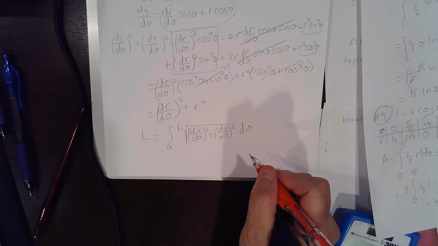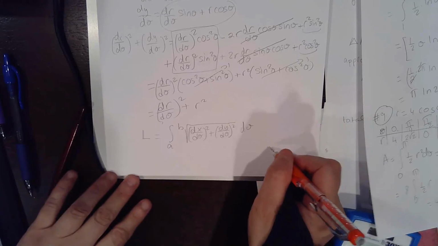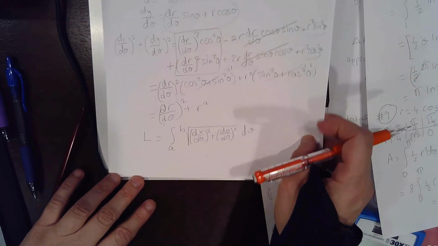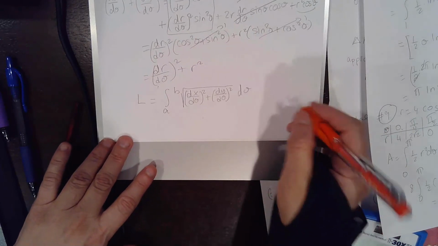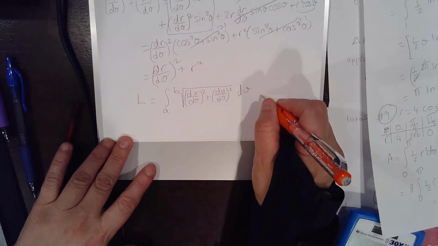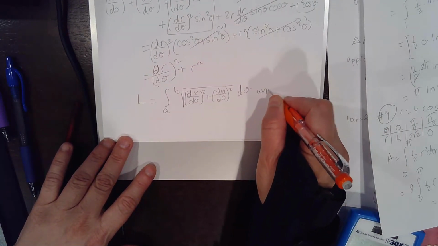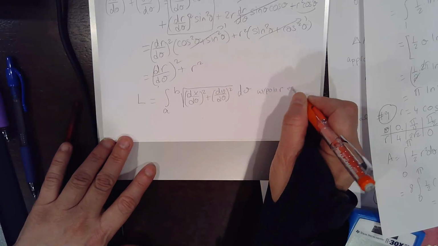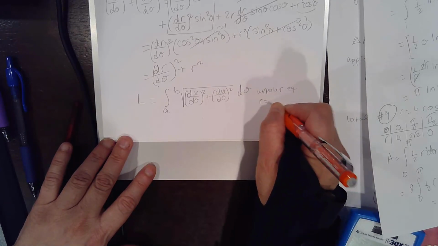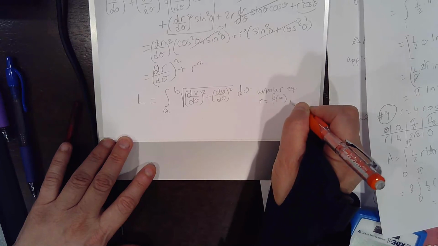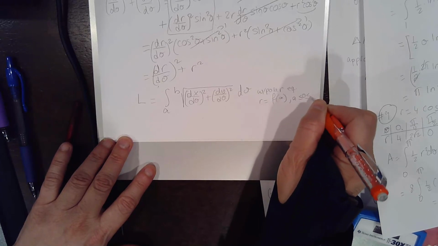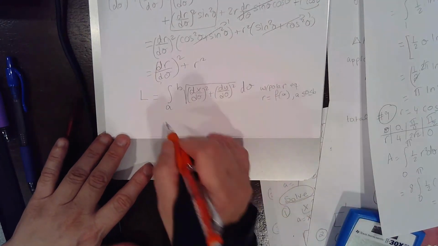We can rewrite it with the polar equation r = f(θ), where θ is between a and b. So what does this become?